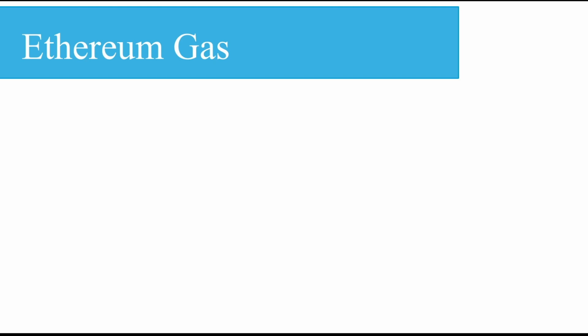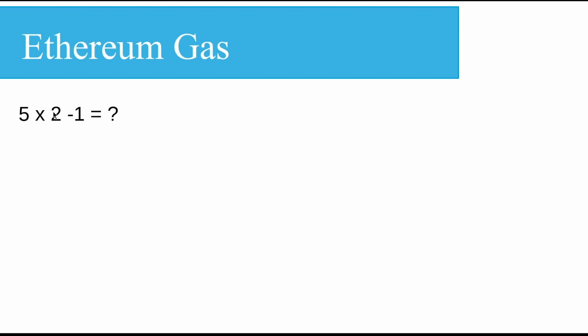So let's say you have written a very beautiful smart contract, and in that smart contract you are evaluating an expression which looks something like this: 5 into 2 minus 1, and you want to evaluate this expression. Now, to evaluate this expression, you need gas, which will be needed to perform operations such as multiplication, subtraction, and equal to.